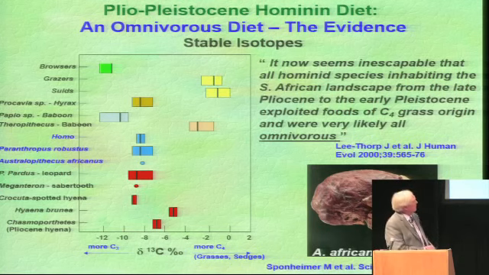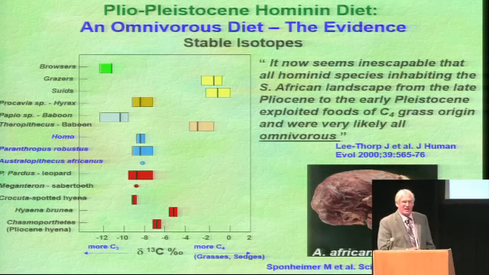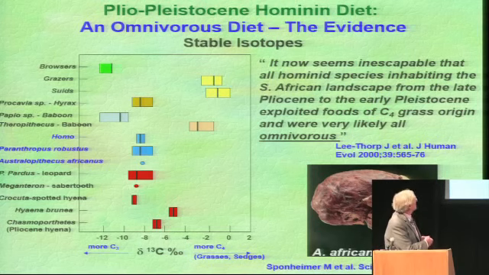And so if you look at the isotopic signature of a grazer, an animal that eats grass, you can see it has more C4, so it has a less negative delta 13 carbon signature. If we look at a browser, an antelope or an animal that consumes leaves and berries and fruits, it leaves this signature.